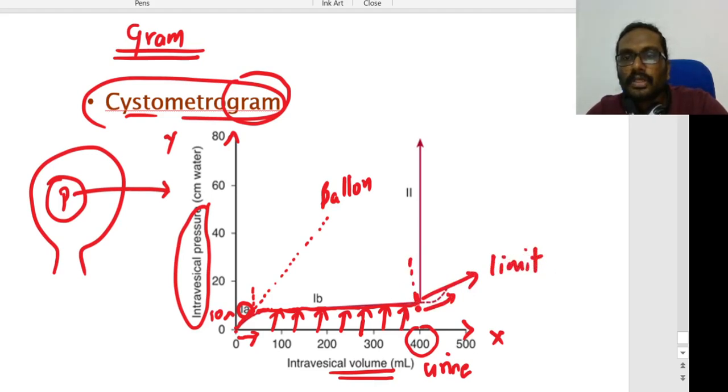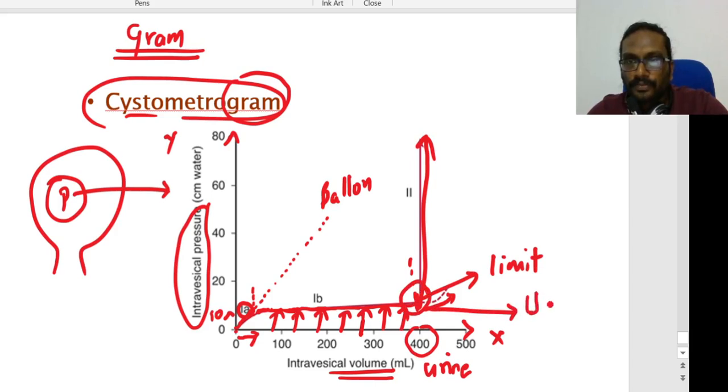And then what you see is a very sharp rise in pressure. At this point, you will feel inside your body that you should find a washroom. So the feeling of passing urine comes at this point.